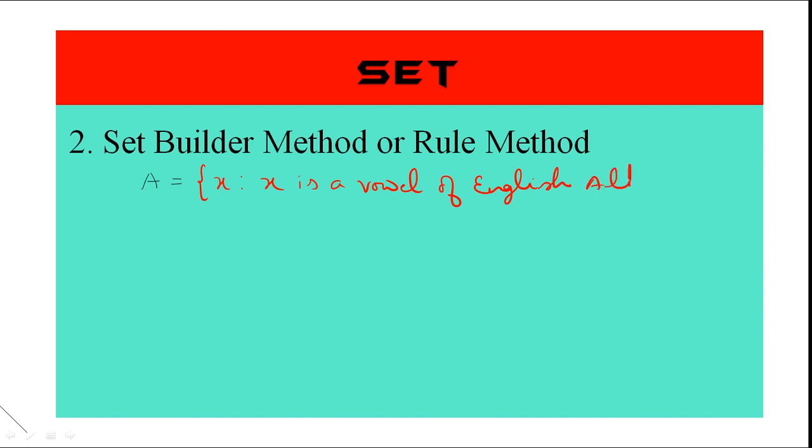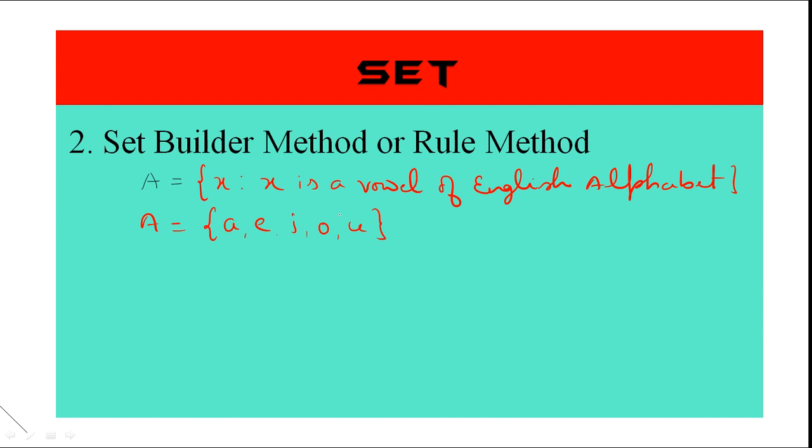What I wrote in the previous slides in listing method or roster method, I wrote it as A, E, I, O, U. These two sets are same set. The upper one is set builder method or rule method, and the lower one is roster method or listing method.